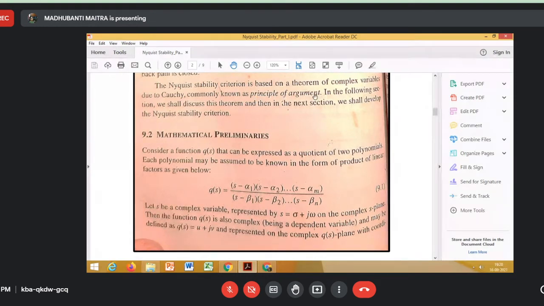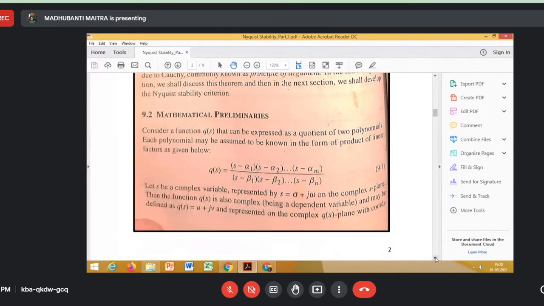So, if we want to learn Nyquist stability criterion, or if you want to understand the essence of Nyquist stability criterion, then first of all, we'll have to learn principle of argument. Clear?